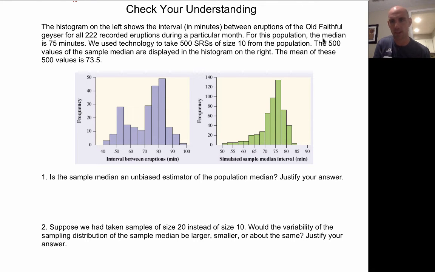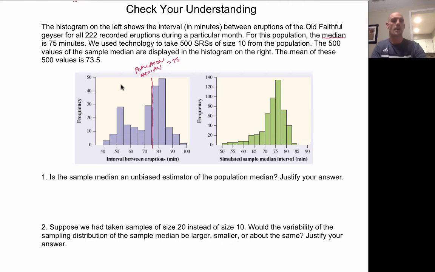Important that this is not mean, but it is median, right? So my median is right here on the graph. And I'm going to put population median is equal to 75.